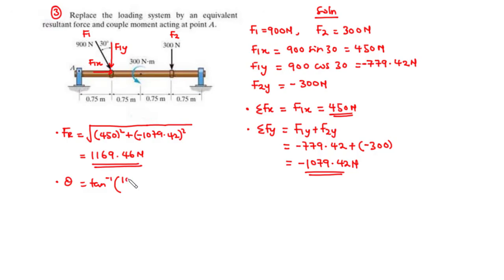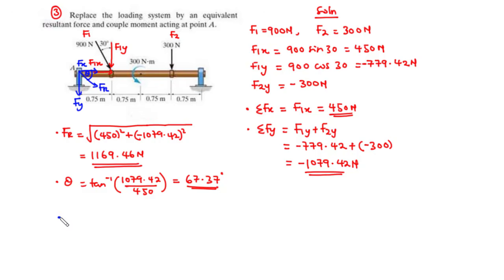So positive of Fy over Fx 450, and that is equal to 67.37 degrees. So we had Fx to be positive, so moving along this line, that is Fx, and then Fy to be negative, also moving along this line. We have this to be Fr, and then this to be theta.